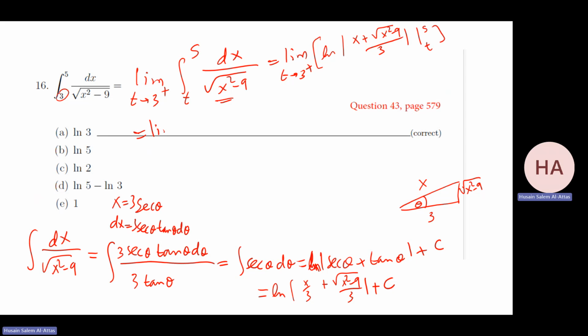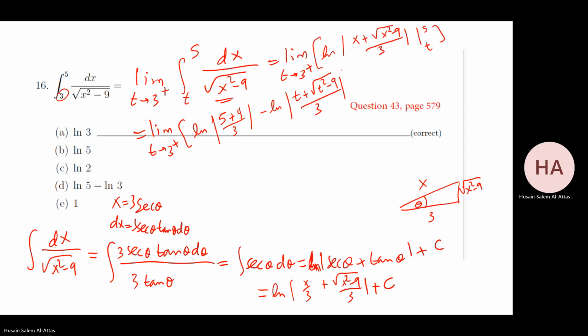That will be limit t goes to 3 from the right of ln, this is 5, 25 minus 9, that's 16, so it's 5 plus 4 over 3, minus ln of t over 3 plus square root of t squared minus 9 over 3.